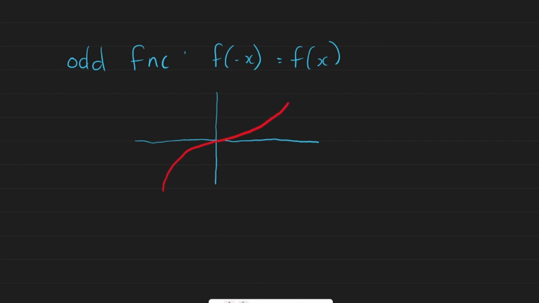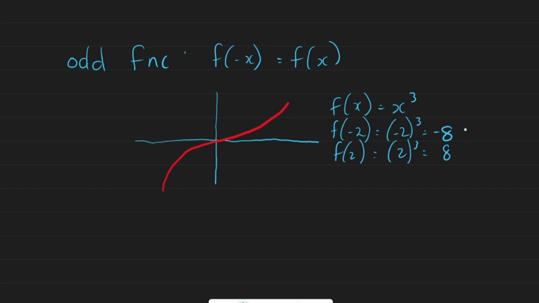This is f of x is equal to x cubed. If we substitute minus 2 here, then we get minus 2 cubed, and we see that we get minus 8. Similarly, if you put in f of 2, then you would get 8.